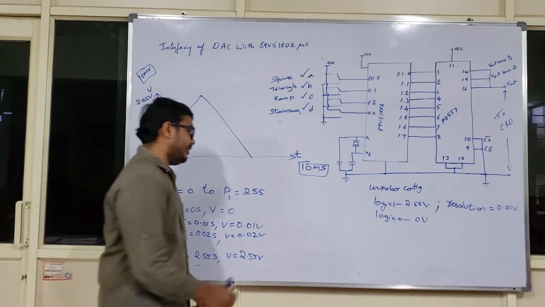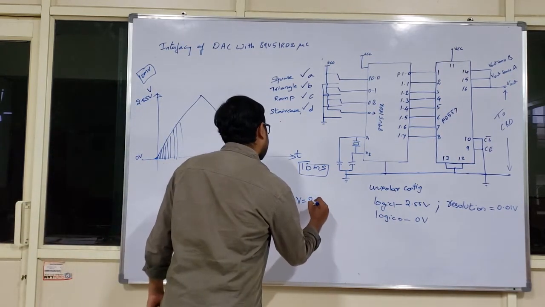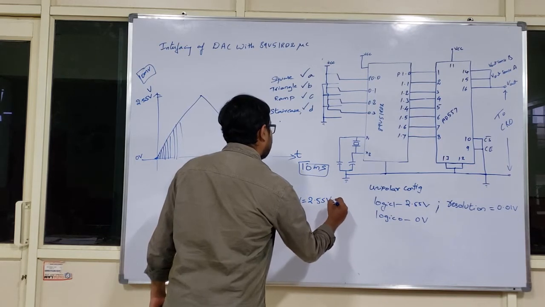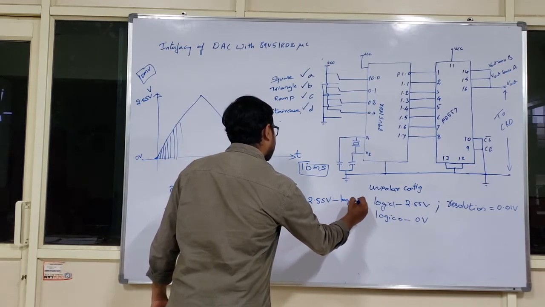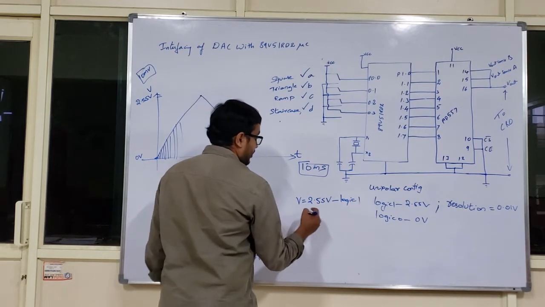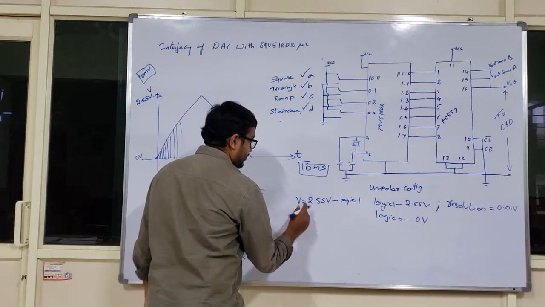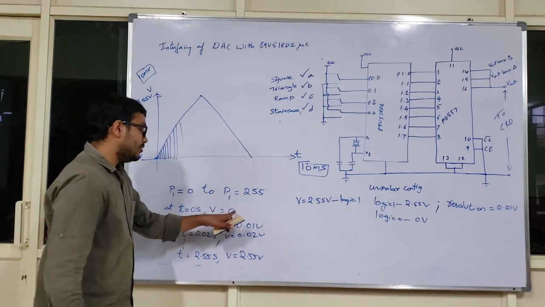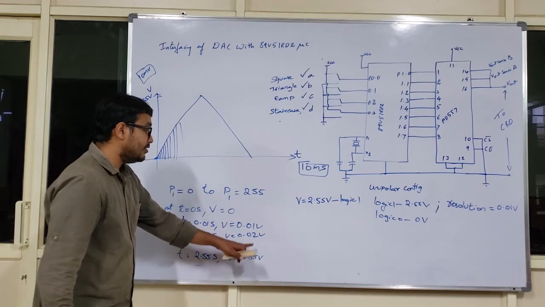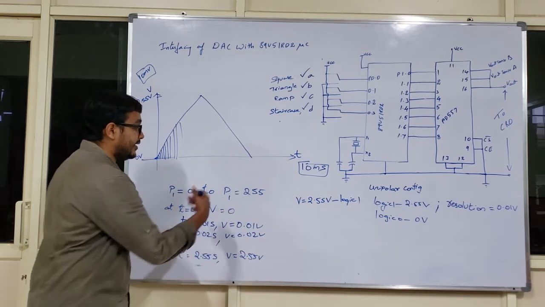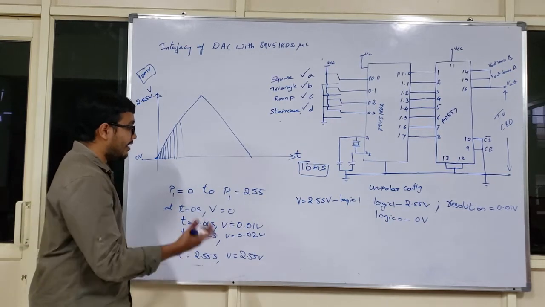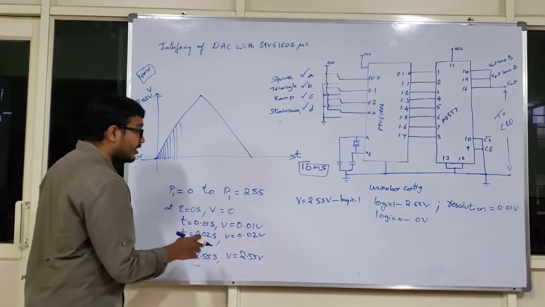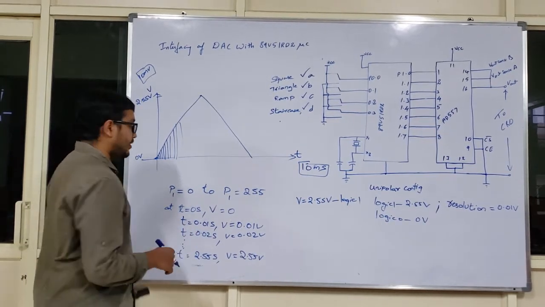This 2.55 volts is nothing but your logic 1. From 0 volts to 2.55 volts, how many iterations did the voltage have to go through?